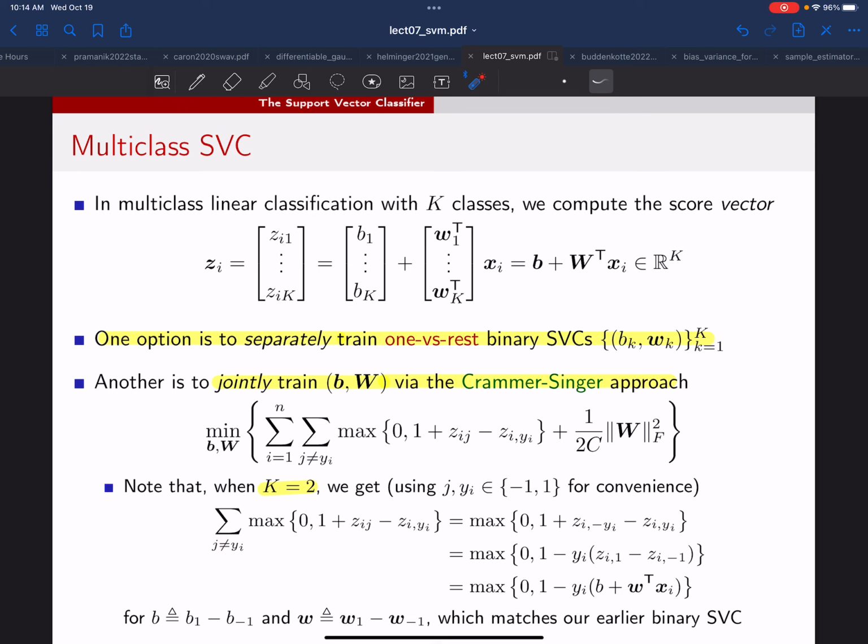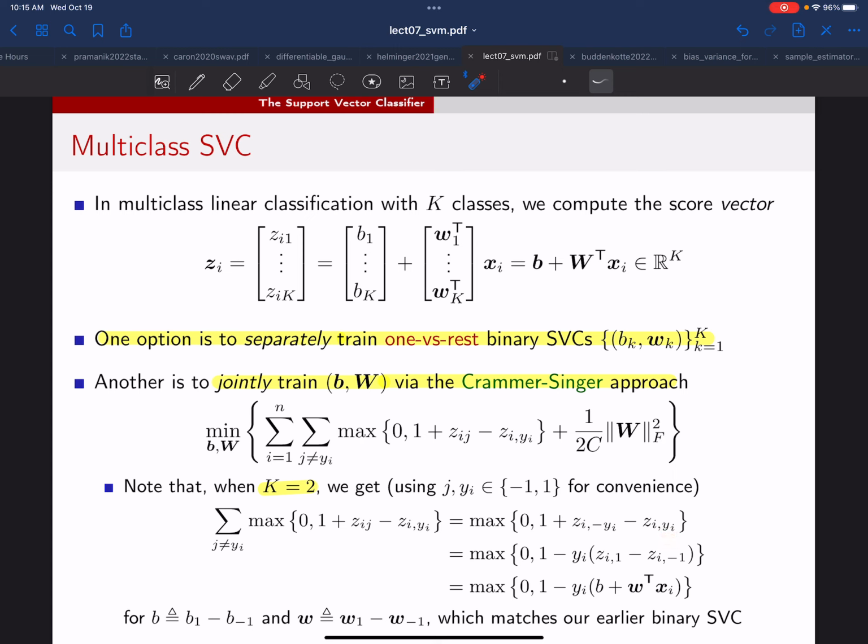So we can basically get rid of this sum and replace j with minus yi, and then we get this. We can make a further simplification to realize that there's two possibilities: yi is either 1 or minus 1, and minus yi is either minus 1 or 1.